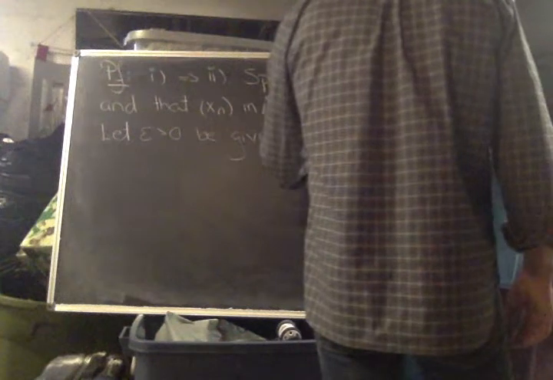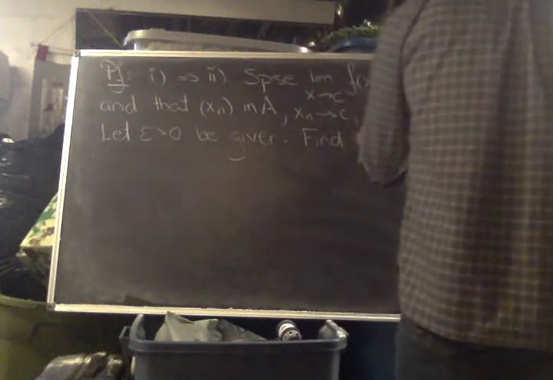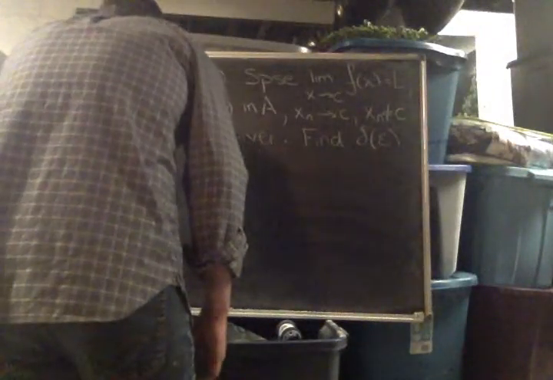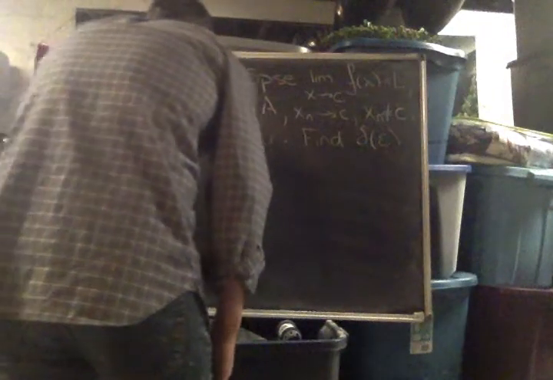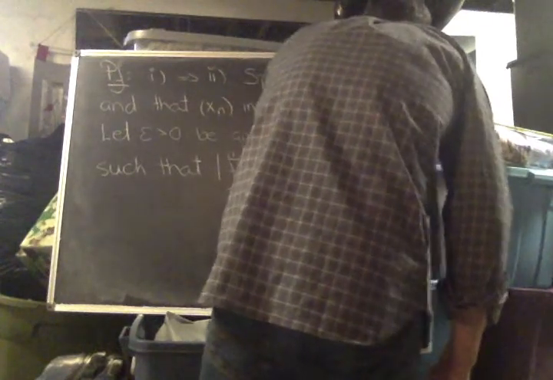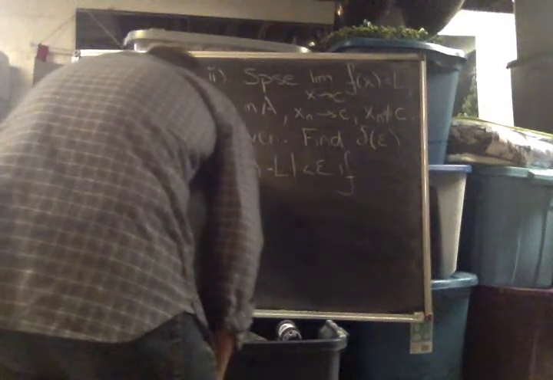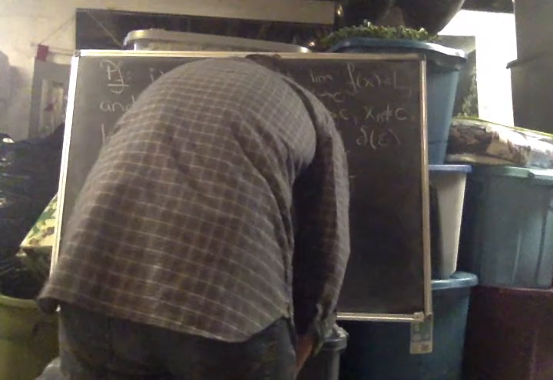Find, as we may, a delta of epsilon such that the distance from f of x to L is less than epsilon if the distance from x to c is less than delta of epsilon.